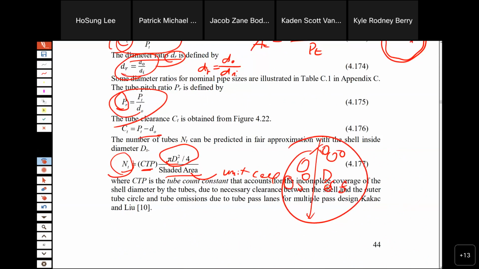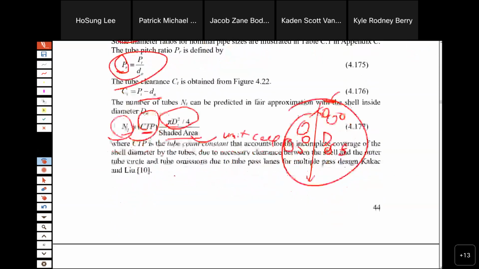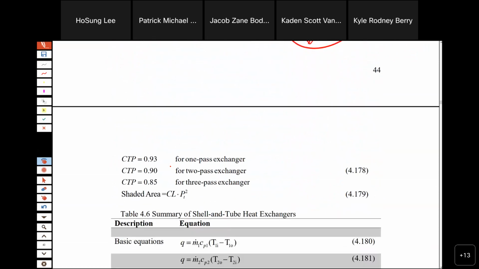There's some effect of the header, so CPT takes care of that. The CPT depends on the pass: one pass, two pass, and three pass. So just approximately, we can use the CPT.